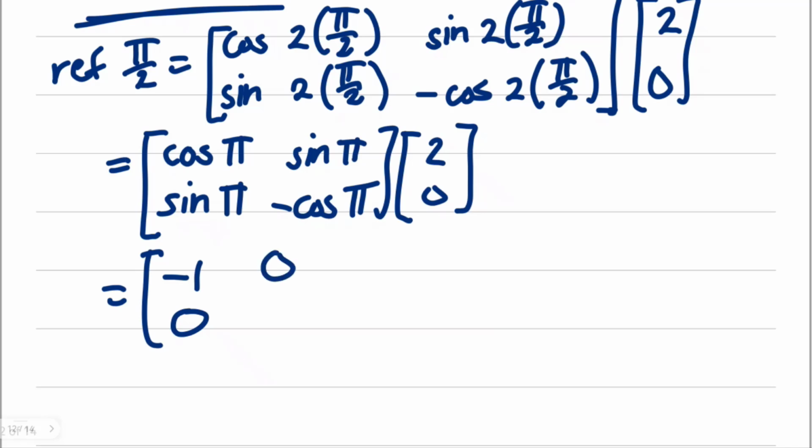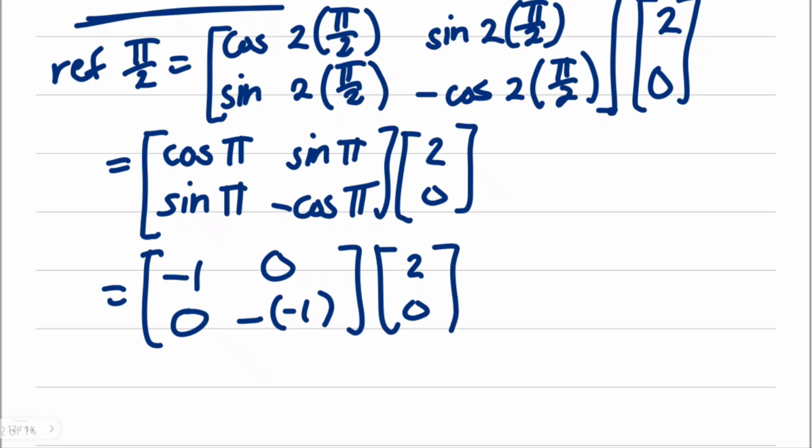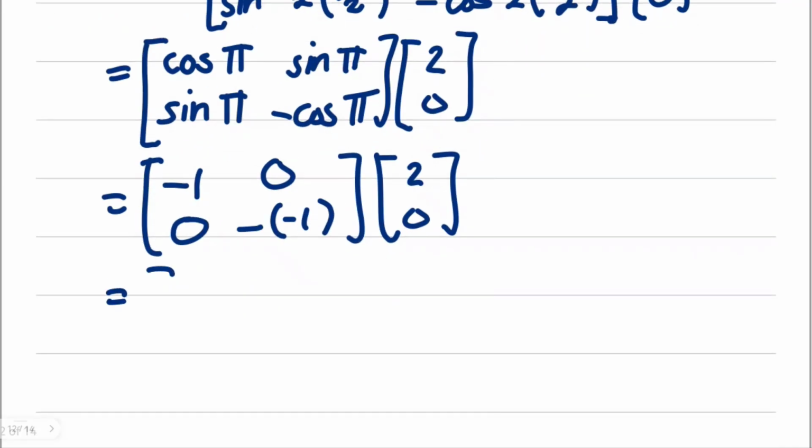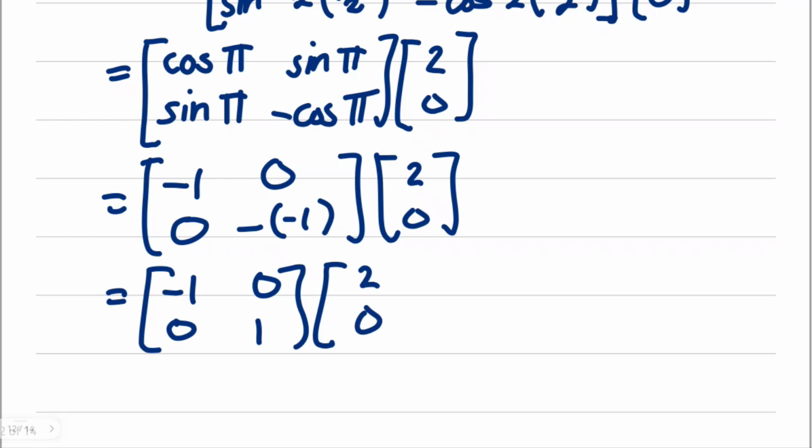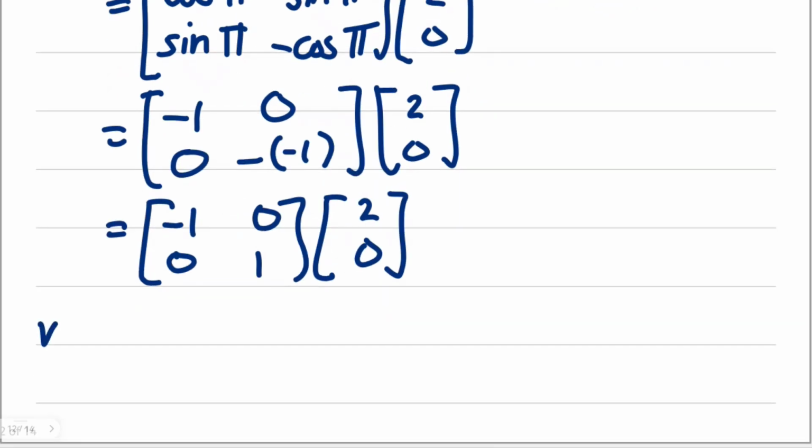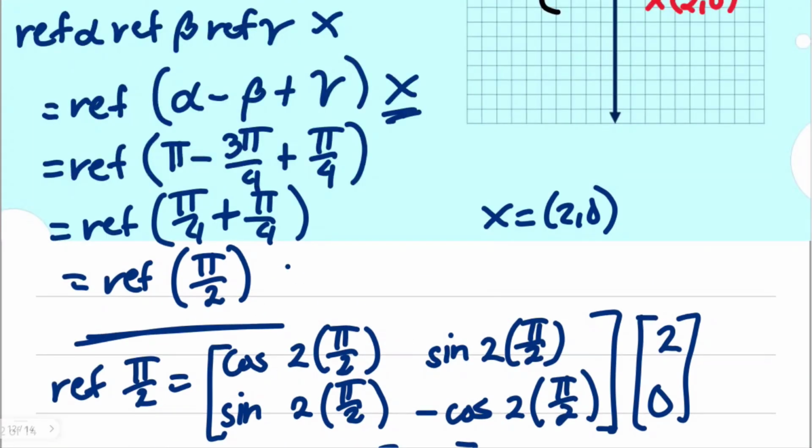Negative of negative 1 is positive 1. So the matrix is negative 1, 0, 0, and positive 1, to be multiplied with 2 and 0.